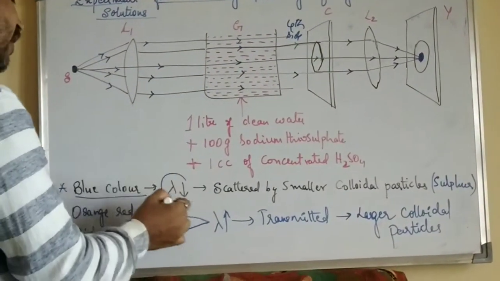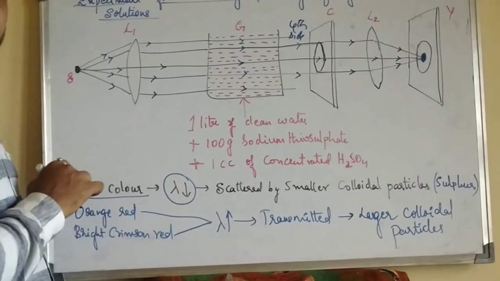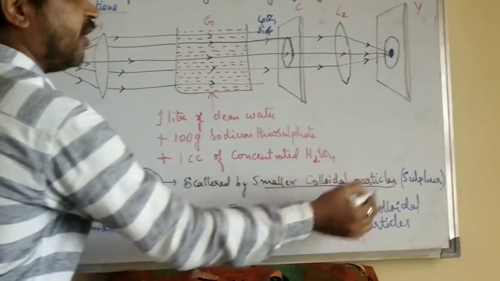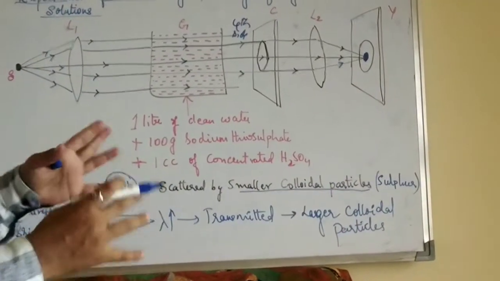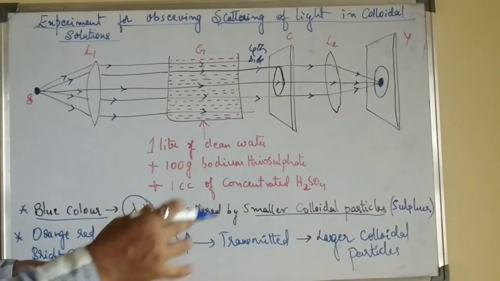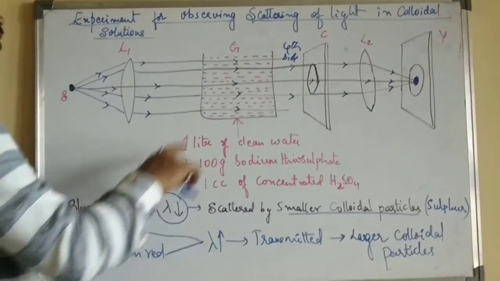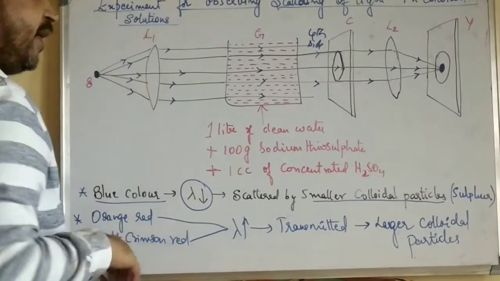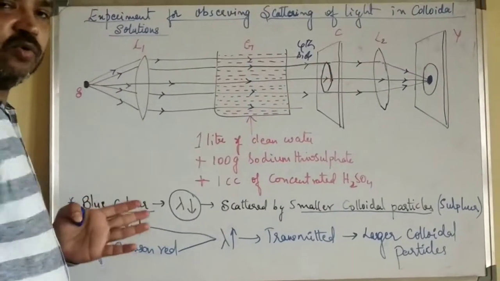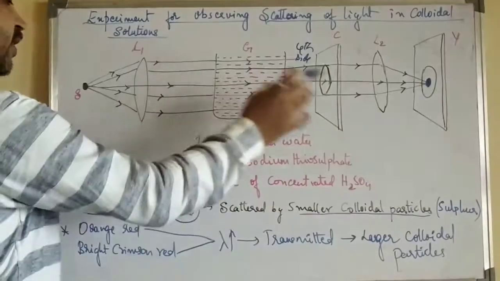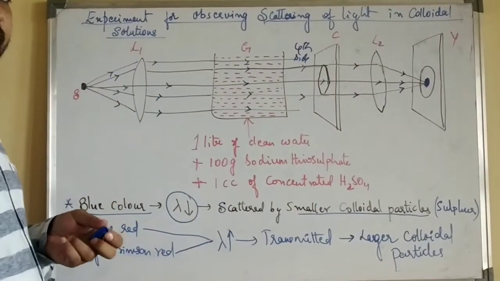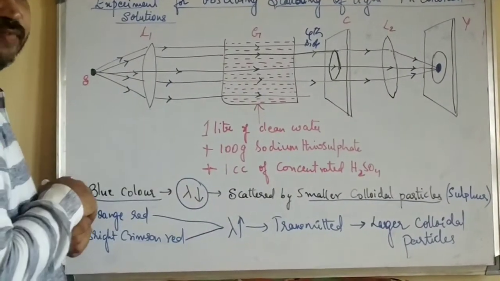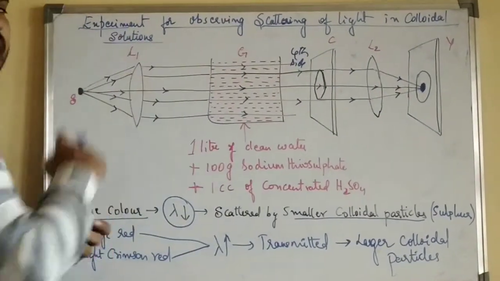Because the wavelength of the blue color is very, very less, and so it requires smaller colloidal particles of sulfur to act as the scatterers. So they scatter this blue light on all the 3 walls of this glass tank, and it is not sent out. The sulfur particles, which are very tiny, are capable of scattering the blue color having the lesser wavelength on all 3 sides of the container.